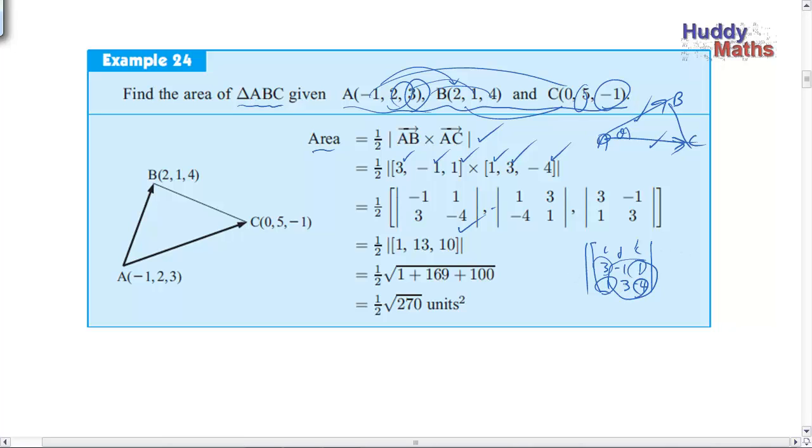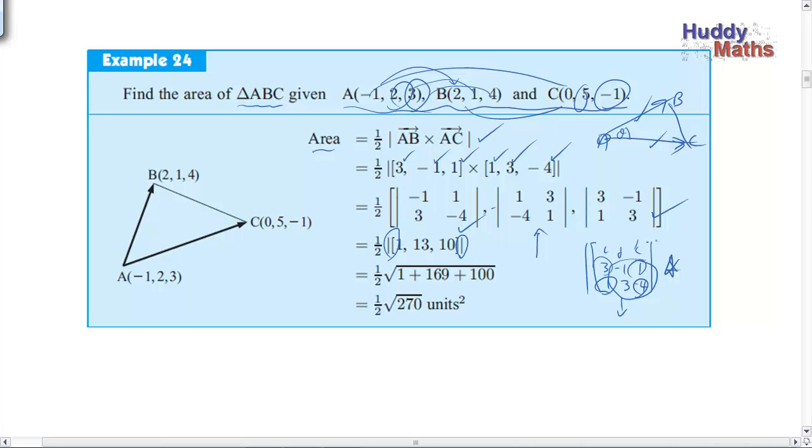Remember, negative for that one. If you do it that way, or interchange them, get this. So remember, this is very important, this cross product method. Very, very important. And then the last one. So it's the determinant. It's the size of all of that. And this is going to give you the vector. So this will give you our vector. And then we need to take the size of that vector.